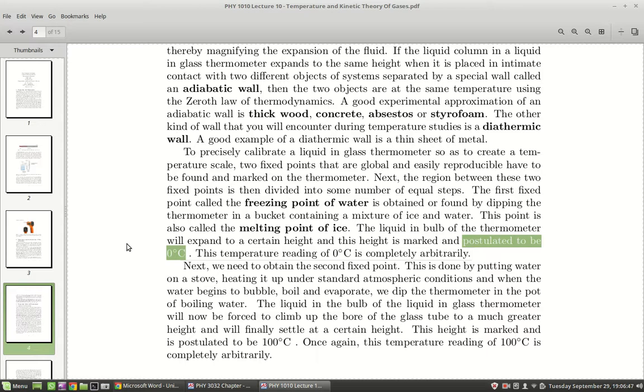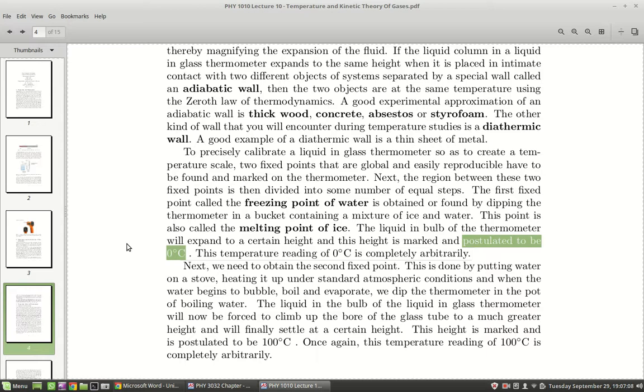That height it's going to expand to is what we take to be 100 degrees. Again, whether water is boiling at 100 degrees or not, it is all up for debate whether that is actually 100 degrees. Okay, so we put it there, then we mark that to be 100 degrees.